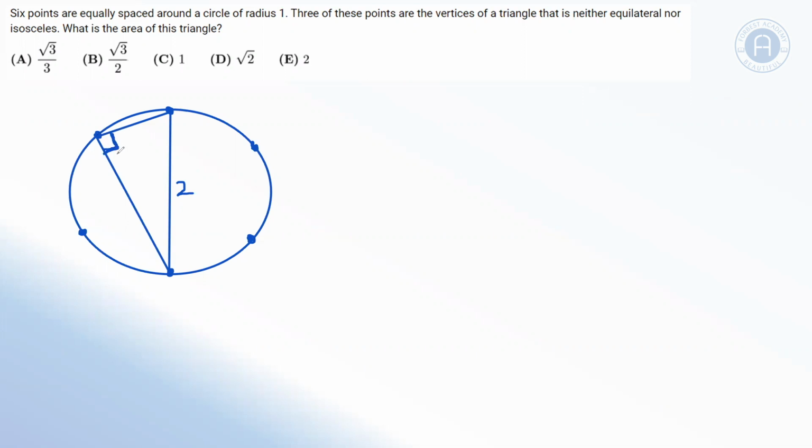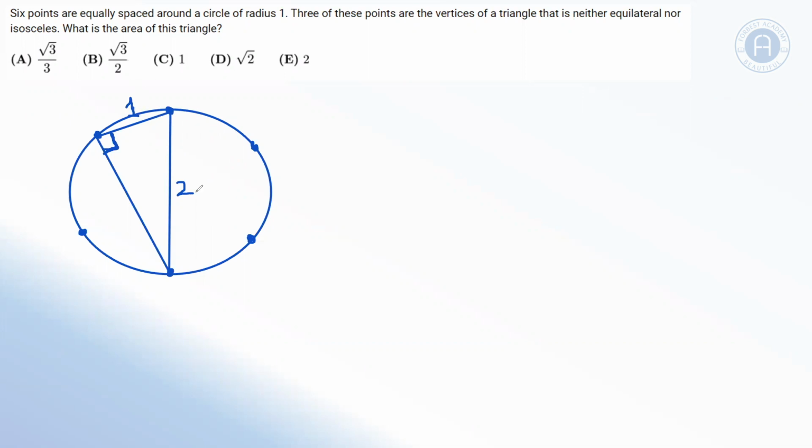So we have a right angle there, and we also know this length at the top here, because as we said before, we've got an equilateral triangle from the hexagon we created. So all of these sides must be equal to the radius. So all of those sides must be 1. So therefore, this final side of our triangle must also be 1.